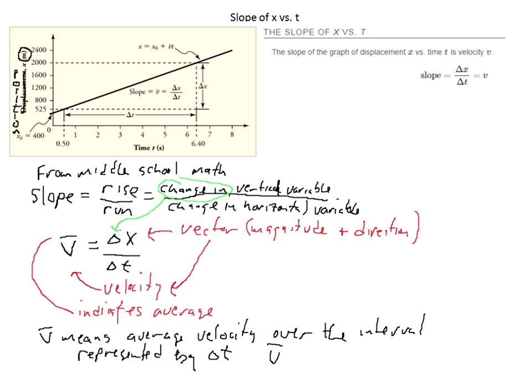And another way to write V with the bar on the top, sometimes it's just written V av, so V sub average. This doesn't tell us what is happening in between.